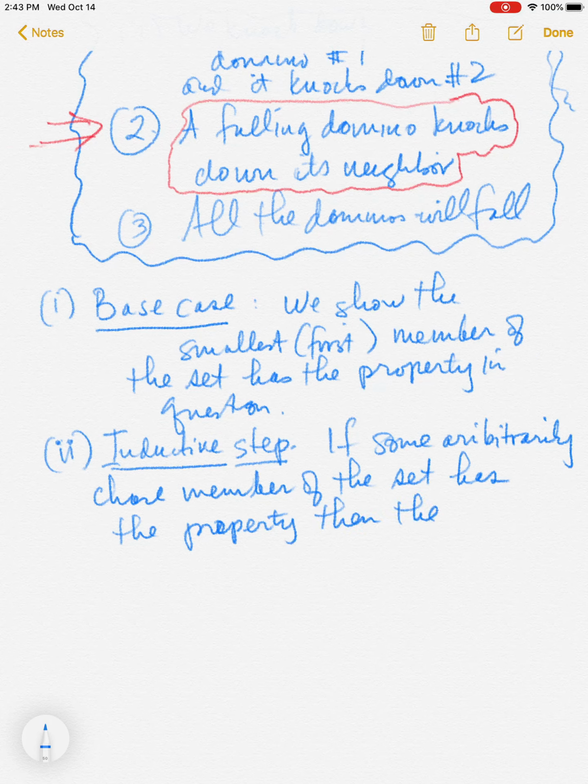then the next member of the set, remember we're talking about ordered sets, right? So we can talk about the first, second, third, fourth. So if you pick some arbitrary member of the set, the nth or the kth member of the set, if you can show that if the kth member of the set has the property, then the k plus first member of the set has the property, then you've established the inductive step of the argument.